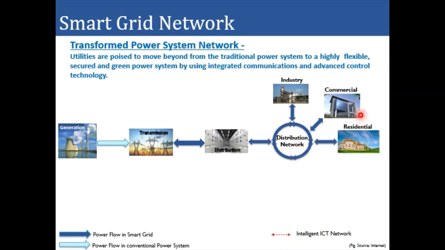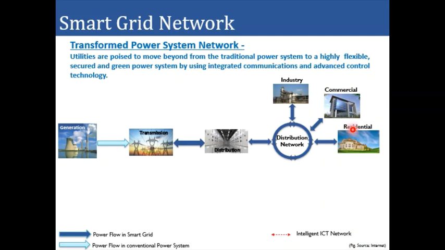So the loads are not only the generators of the electricity but also consumers of the electricity. So that's why, being consumer as well as generator of the electricity, consumers are no longer just consumers, but they are called prosumers because they are producing as well as consuming the electricity.